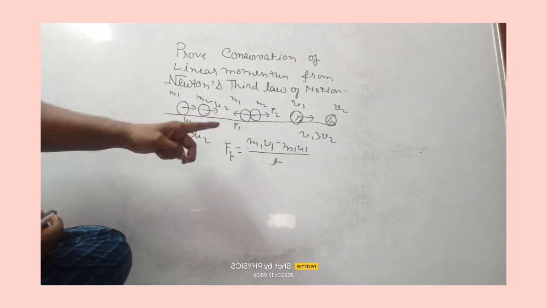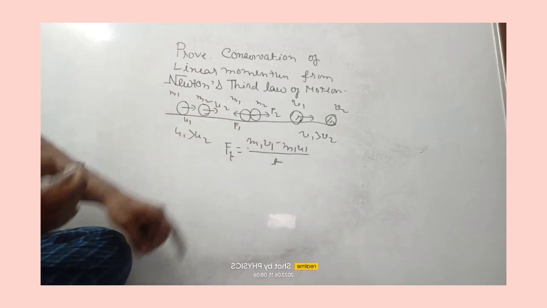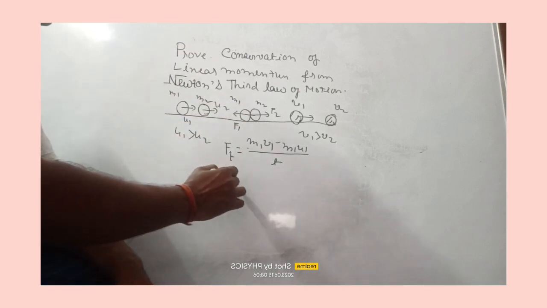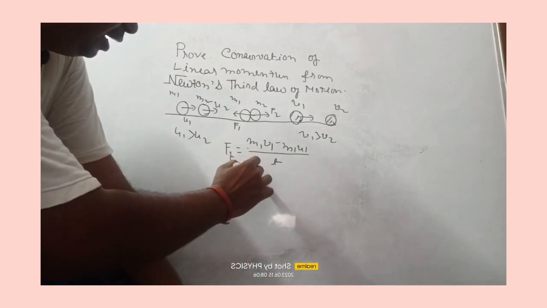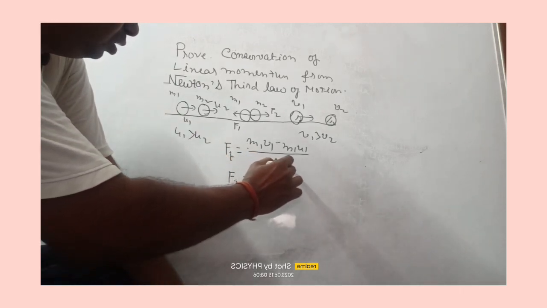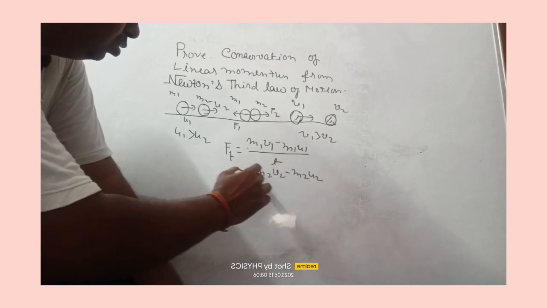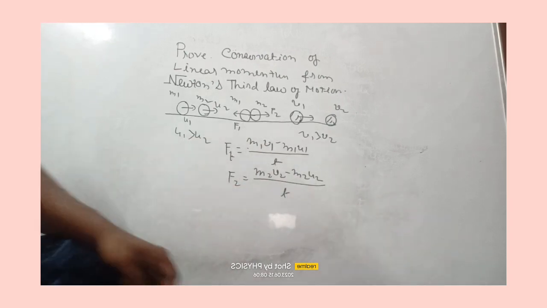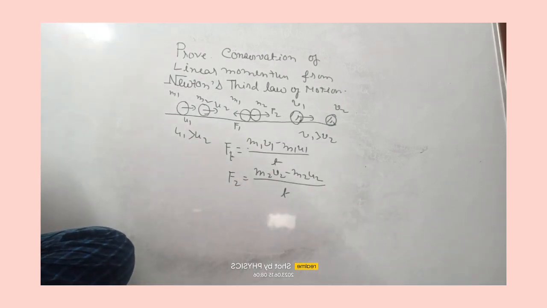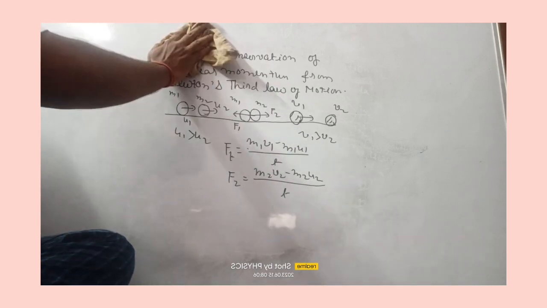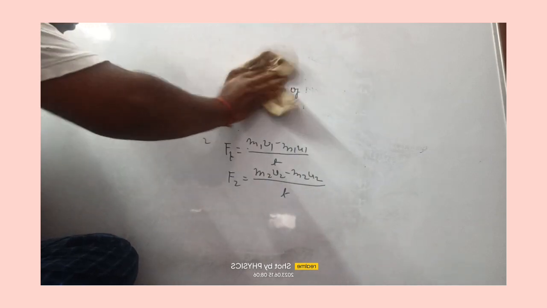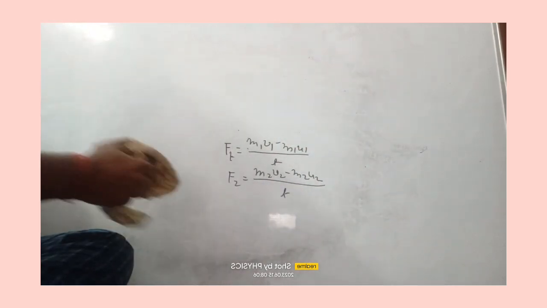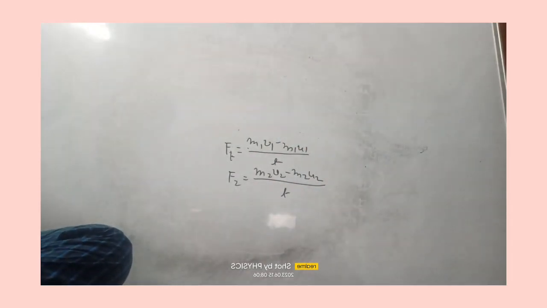Now the first object gives the impulsive force on m2, then F2 is equal to m2 v2 minus m2 u2 by t. Now for every action there is an equal and opposite reaction.